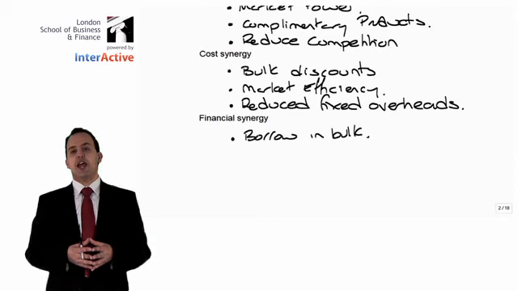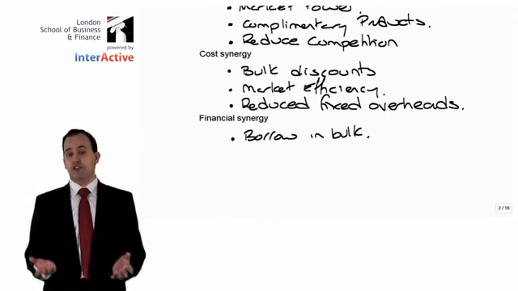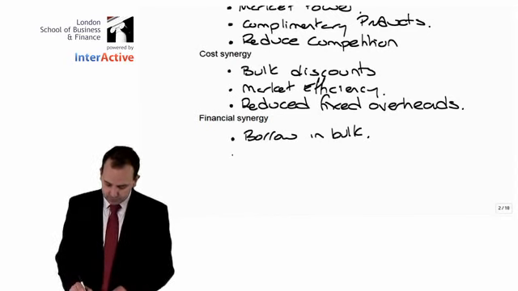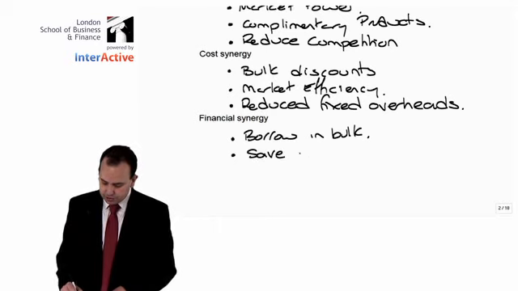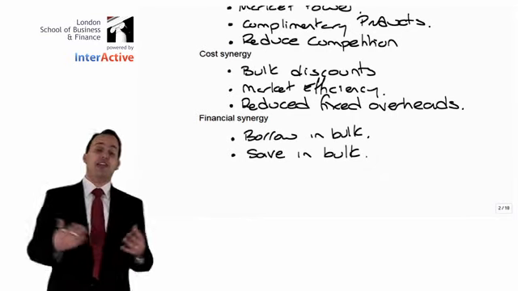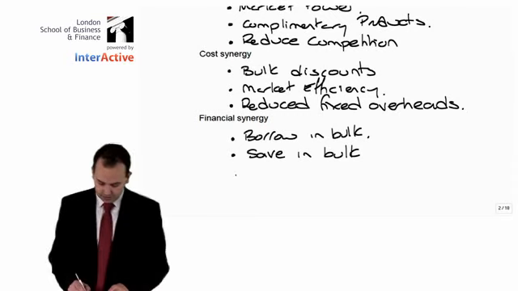Secondly, the company will now have a greater asset base and therefore can offer greater security, which will again reduce the rate that they are charged. The opposite side of that, they should be able to save in bulk. They may potentially have greater savings, and then again, they should be able to get a much, much better rate on their deposits.